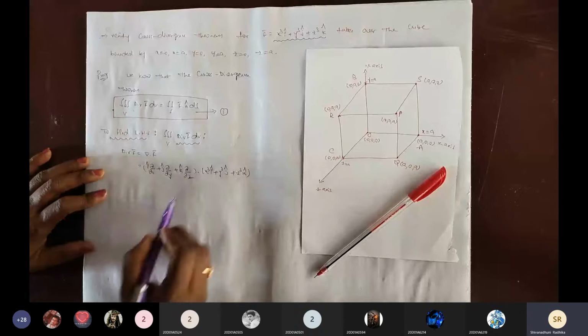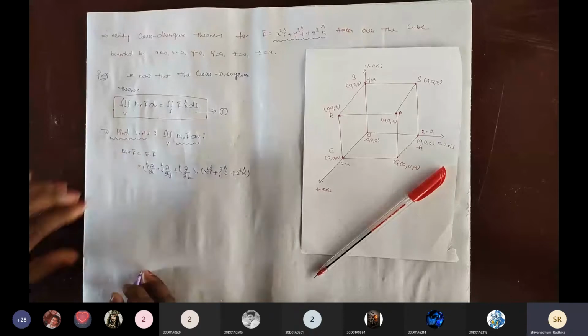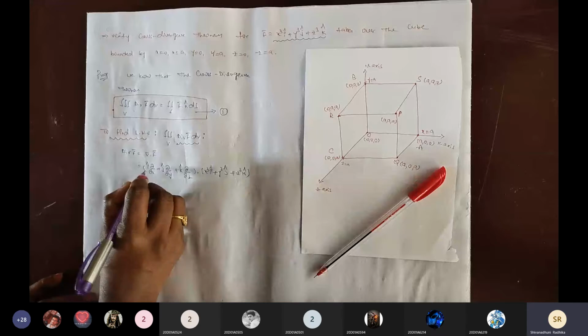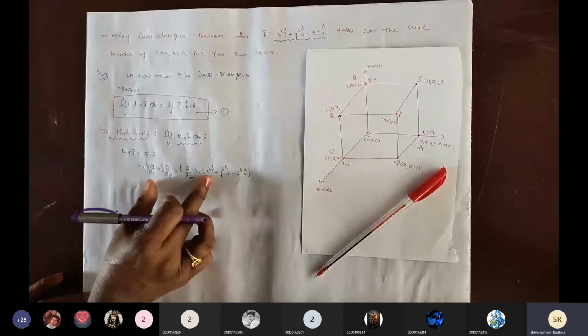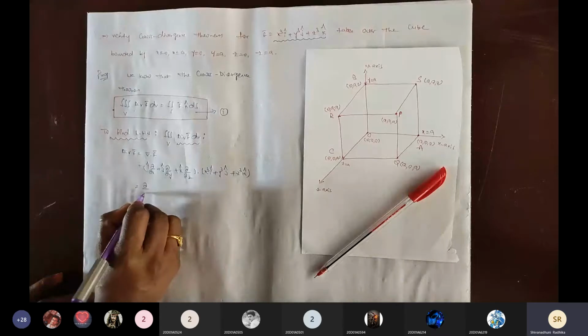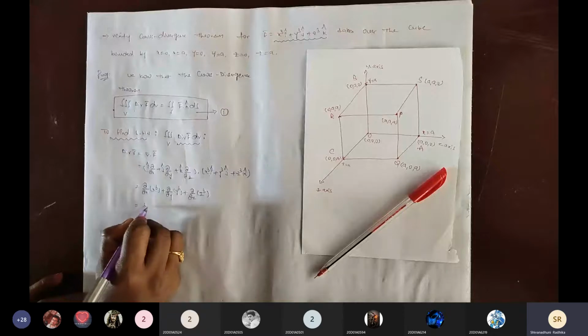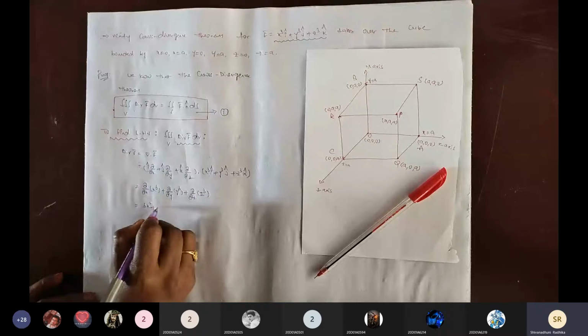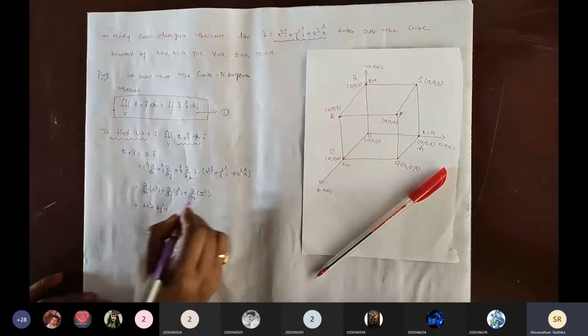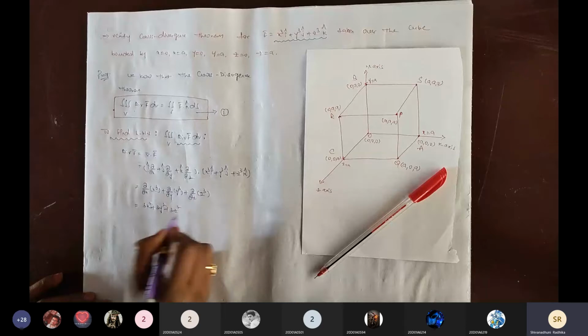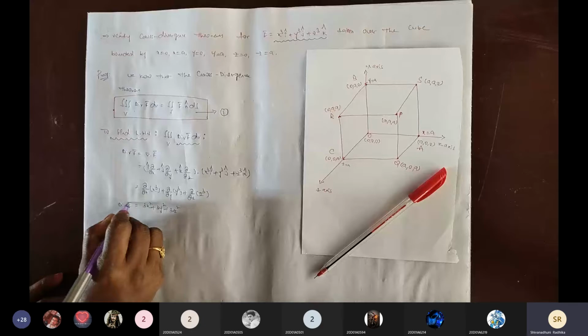The dot product of two vector point functions is a scalar point function. i cap dot i cap is one, and corresponding coefficients we multiply: del by del x of x cube, similarly del by del y of y cube plus del by del z of z cube. Right? So del by del x of x cube is 3x square, plus del by del y of y cube is 3y square, plus del by del z of z cube is 3z square. See, this is divergence F bar.